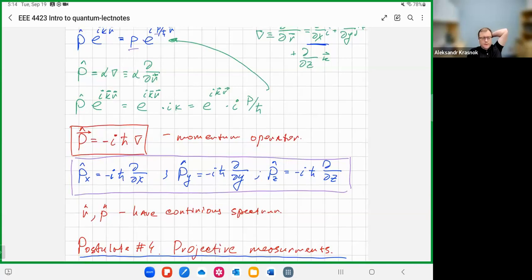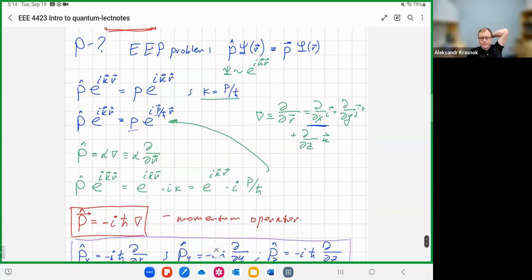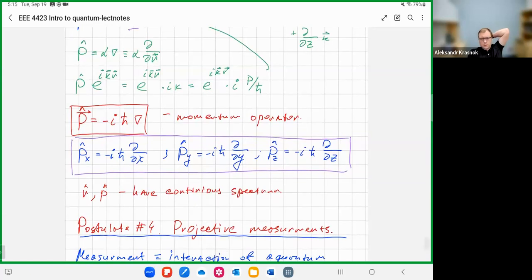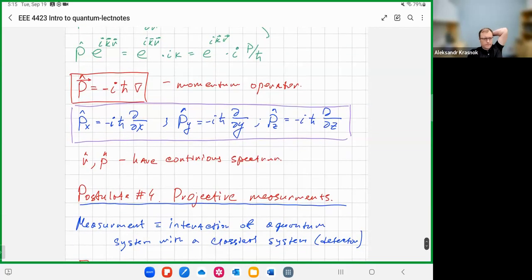The nabla operator is the composition of the partial derivatives by x, by y, and by z multiplied by the corresponding unit vectors i, j, and k. It is supposed to be known from other courses, from calculus. By components, these three formulas represent the components of the momentum operator x, y, and z.